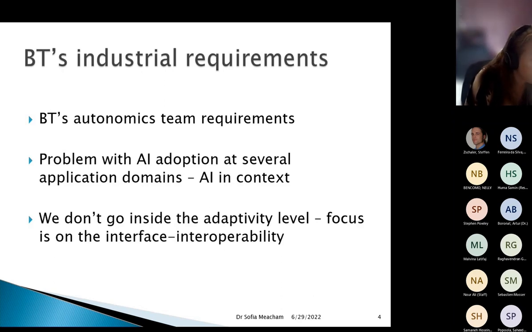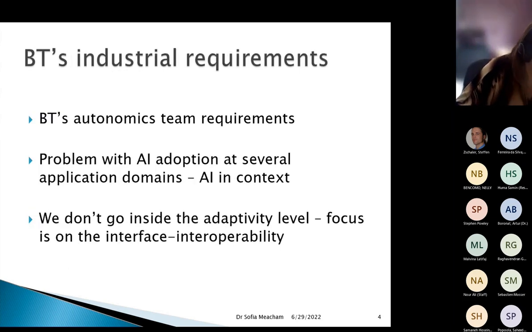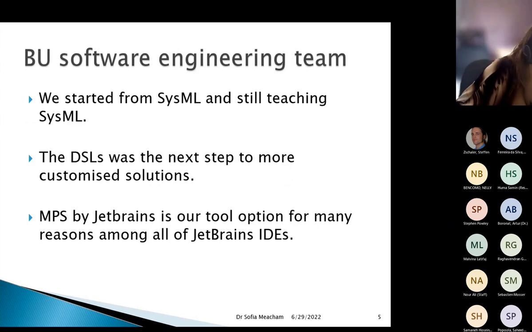We don't go inside the adaptivity, so we don't create algorithms to provide adaptivity either at runtime or anything else, but we offer the backbone which will help to add this AI within bigger contexts and can be extended with more algorithms in the future. So our focus is mainly on interoperability and interfacing, and I'll explain what I mean by that.